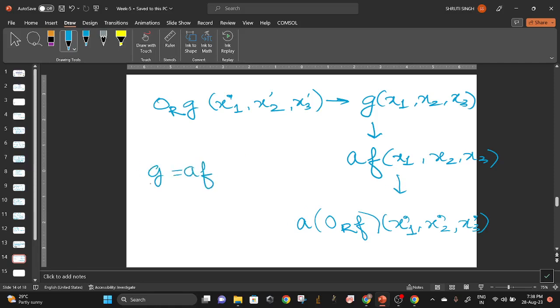So whatever operation we do on g, it will give that operation multiplied by a. These two will be the same. So this is called linearity.